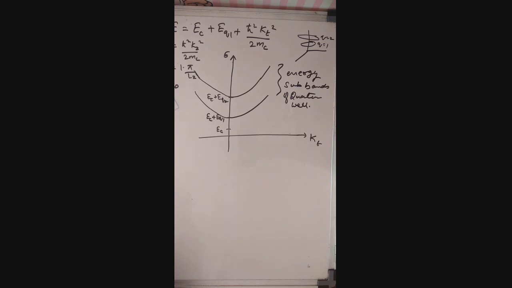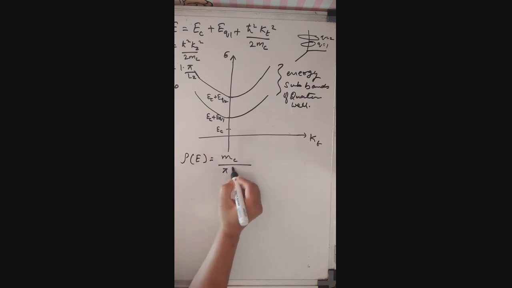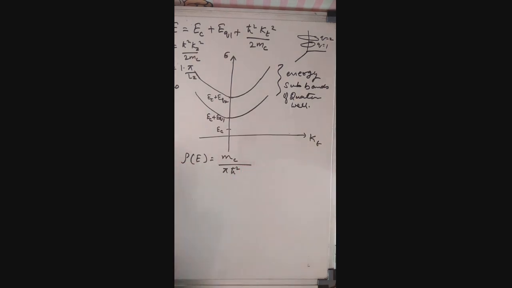Now next we will be plotting the density of states, that is, the expression we have already determined. The expression is ρ = mc/(πħ²Lz).